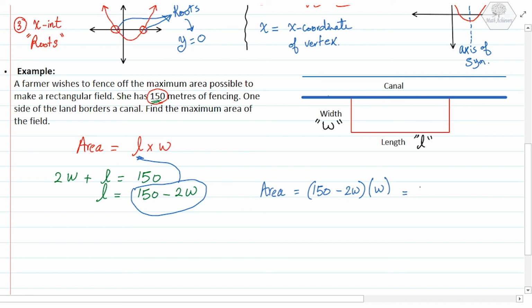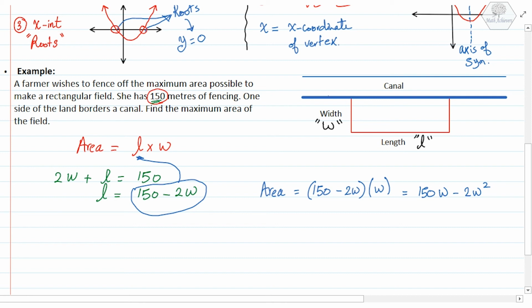This will be equal to 150W minus 2W squared. And now I can see that this is a quadratic function. In order to find the maximum of this quadratic function, I need to find the coordinates of the vertex.